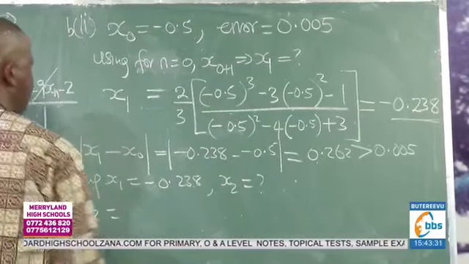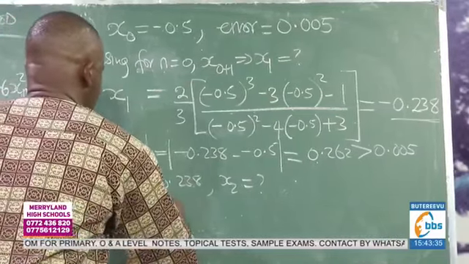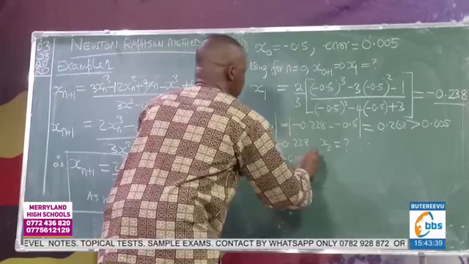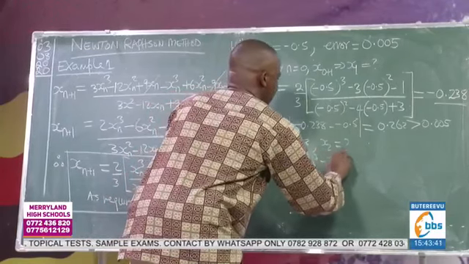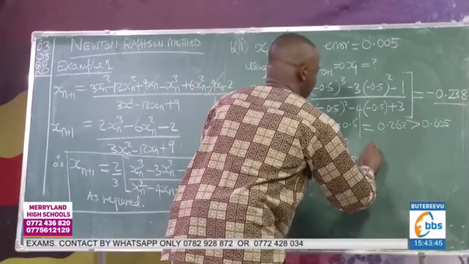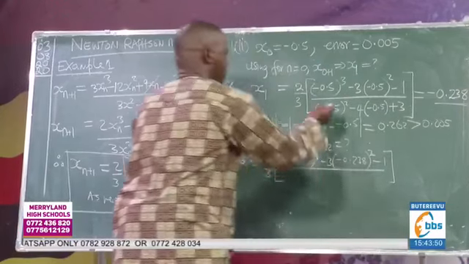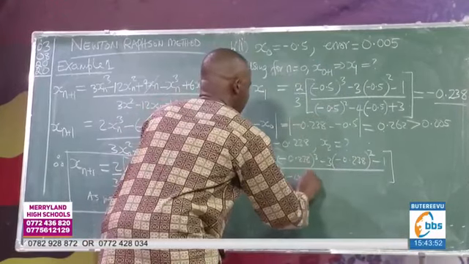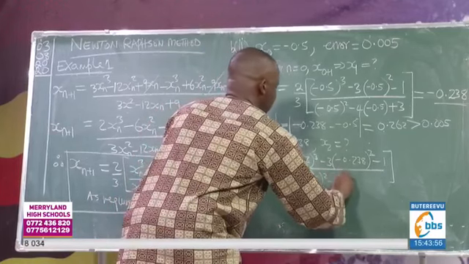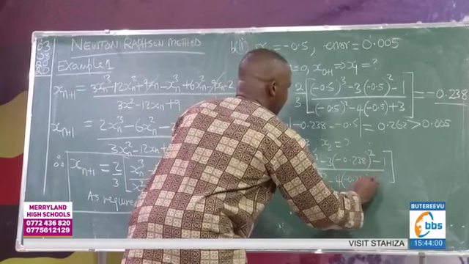Our x2 will become, we repeat, 2 out of 3 into negative 0.238, we cube it, minus 3 into negative 0.238, we square it and take away 1. All over, we repeat, negative 0.238, this is squared, minus 4 into negative 0.238, then plus 3.